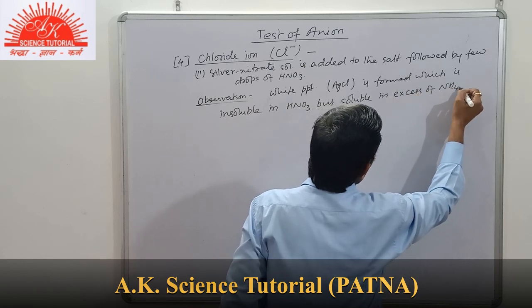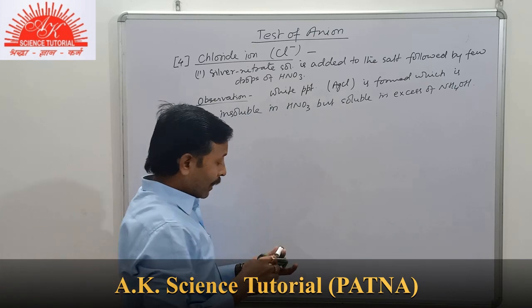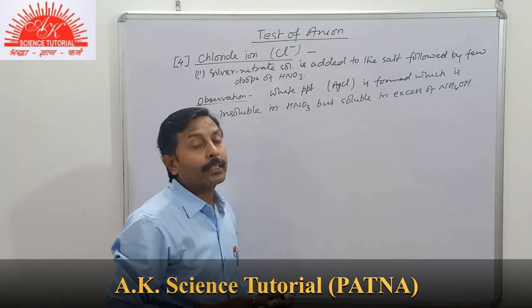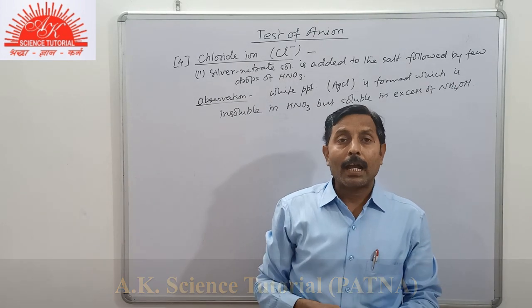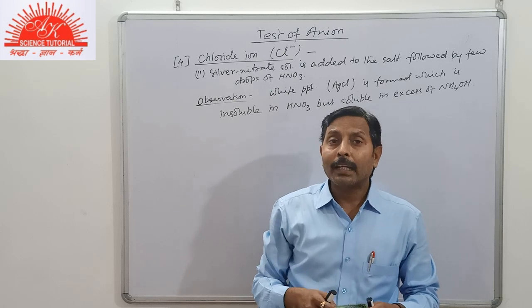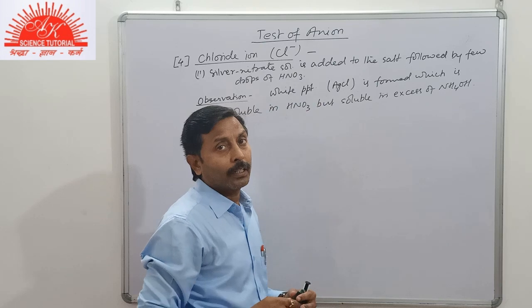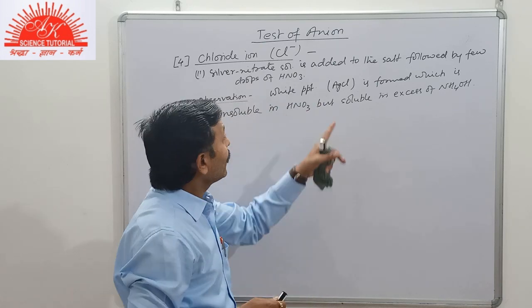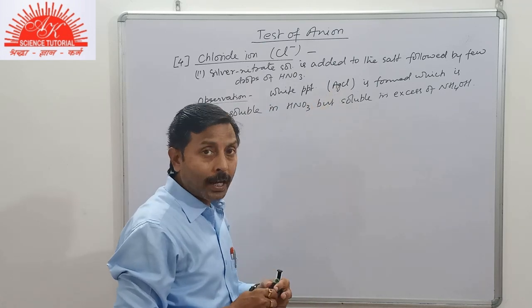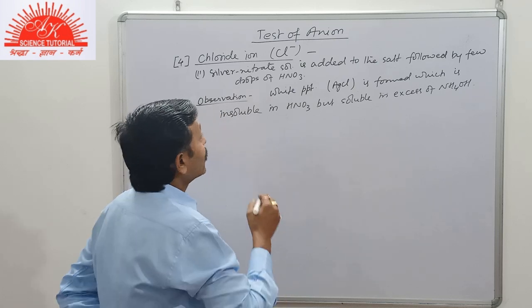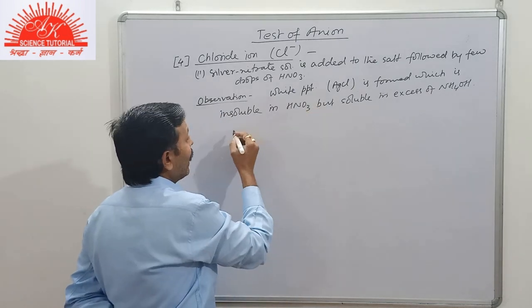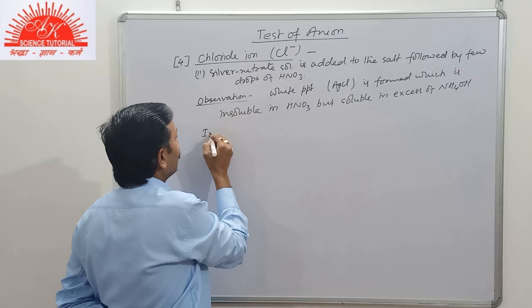So just you see, students, if we are using silver nitrate solution to test and the precipitate is formed, then we will further add ammonium hydroxide. If the precipitate dissolves, it means that it was silver chloride, and hence this is the test for chloride ion.